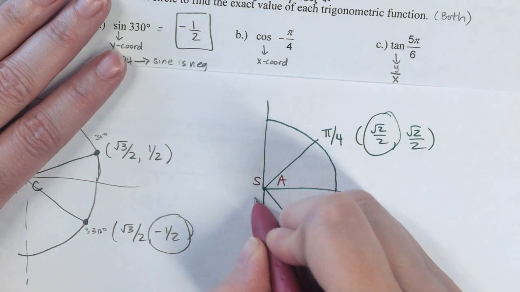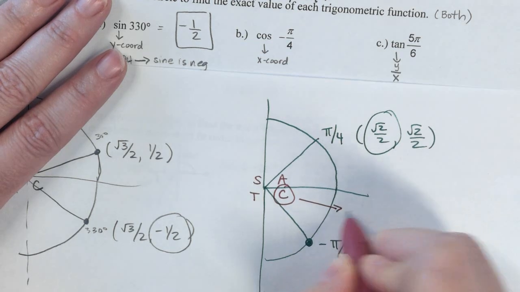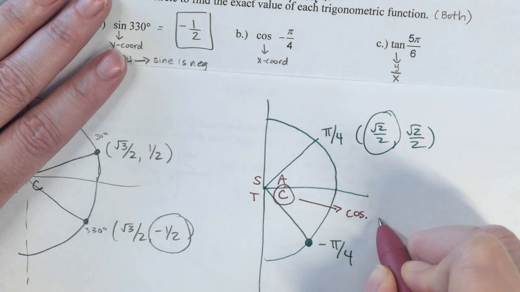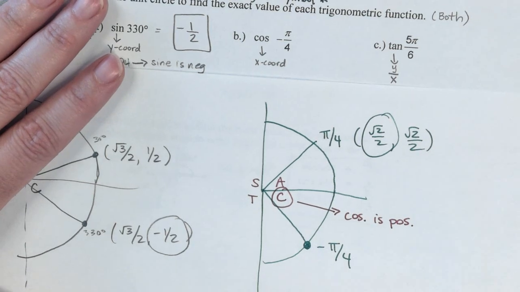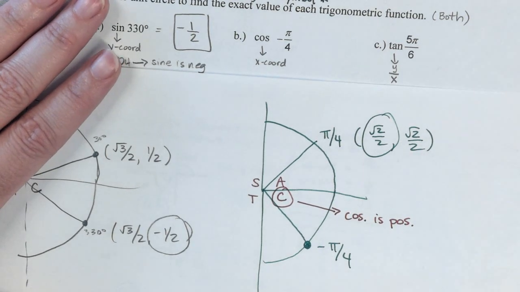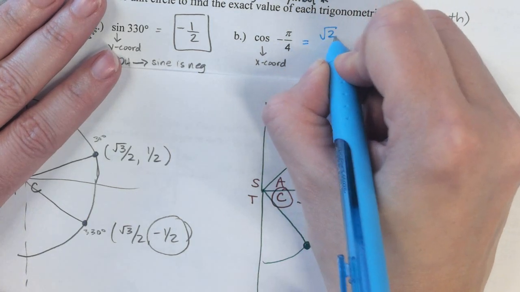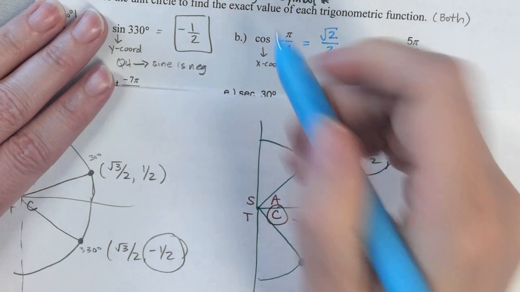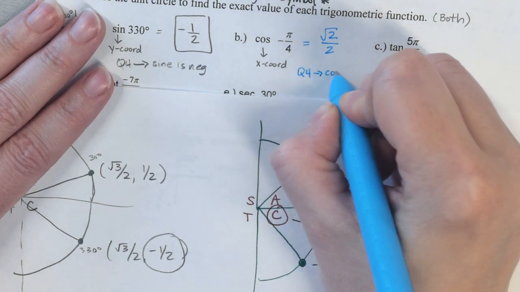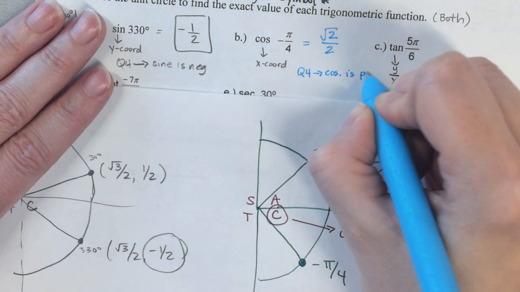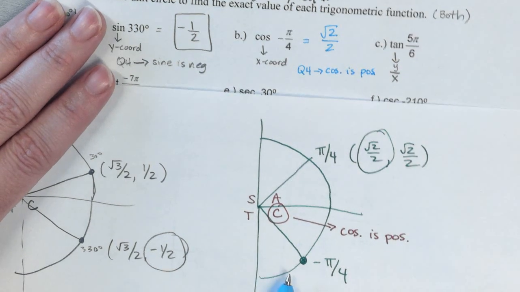What does that mean? What does the C mean? Cosine is positive. So if the cosine is positive, guess what your answer is? Root 2 over 2. Okay, so this is just root 2 over 2. Because this is in quadrant 4, and in quadrant 4, the cosine is positive. Do you guys see how it's just a reflection there?